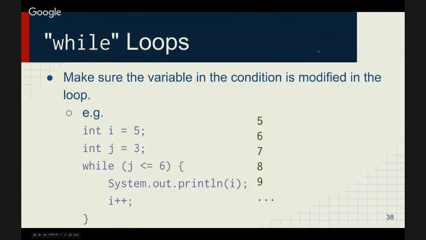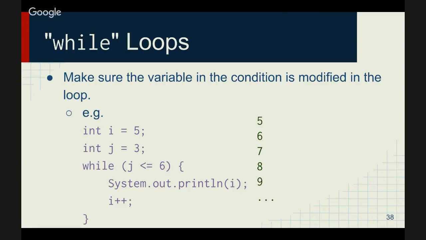So we have i is 5, j is 3. While j is less than or equal to 6, we print i. So what do we print? 5. Okay, we printed 5. i plus plus. So now i is 6. So i is 6 and j is 3. So while j is less than or equal to 6, is it? We print i. So we print 6. i plus plus, so now i is 7.